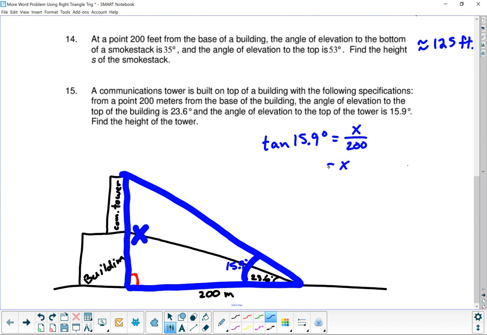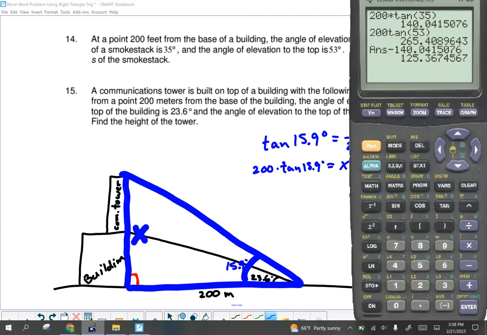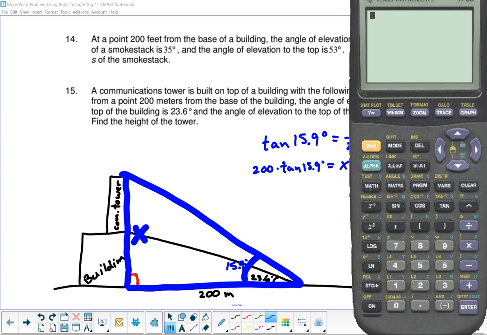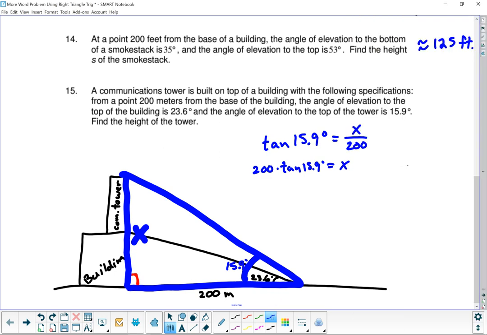So X equals 200 times tangent 15.9 degrees. I'm going to use my calculator for that: 200 times tangent 15.9. So the whole thing is 56.97.